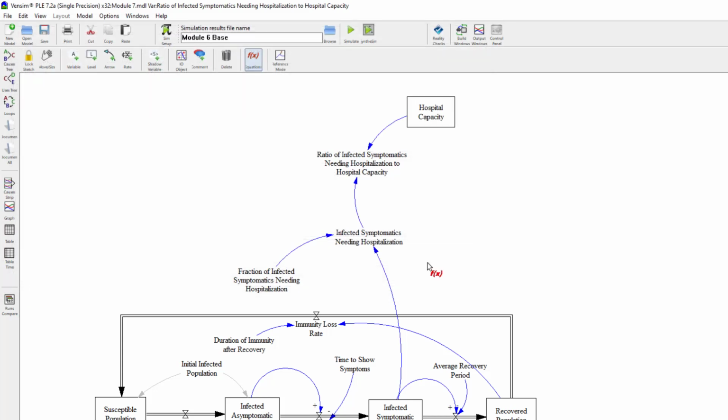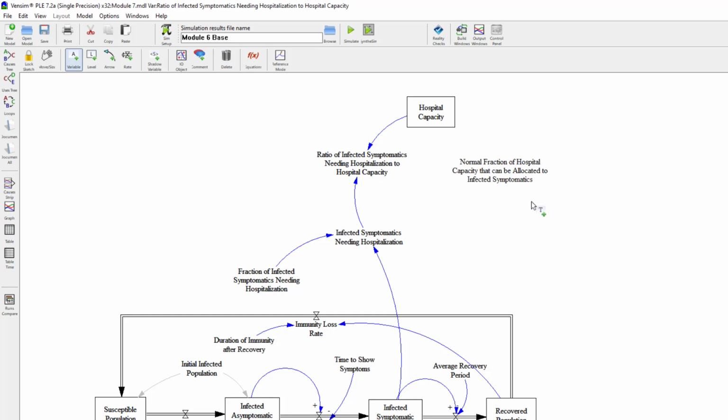Click OK. So how do we know this current demand to capacity ratio is more than what we can accommodate? What we're going to do is compare this ratio with the normal situation. That variable is going to be called normal fraction of hospital capacity that can be allocated to infected symptomatics.